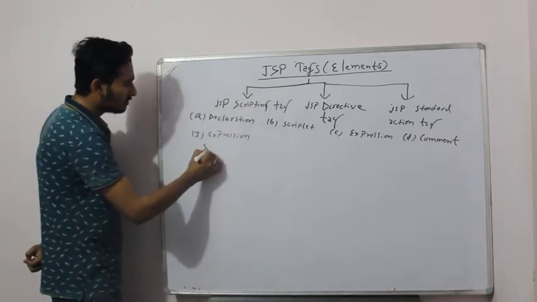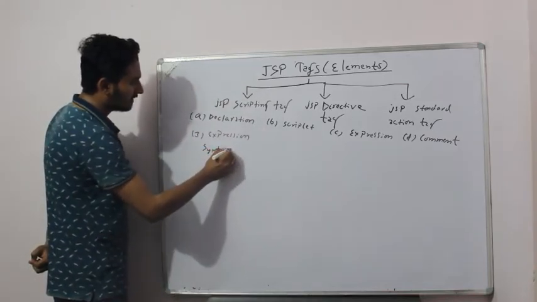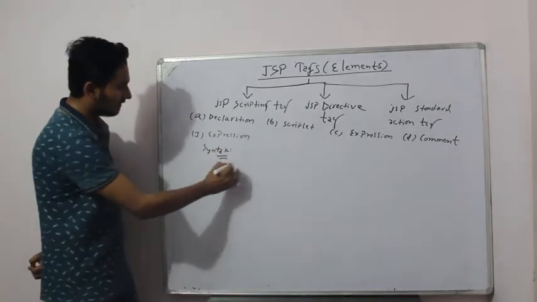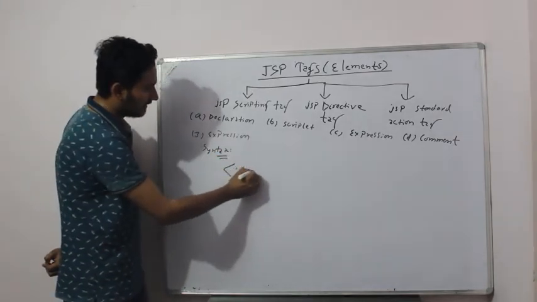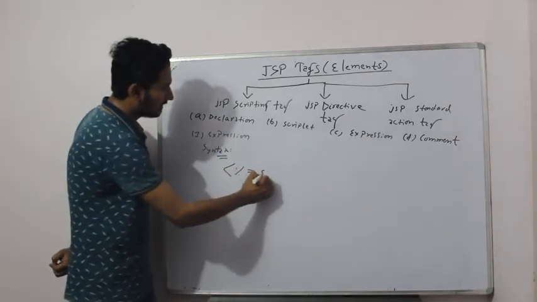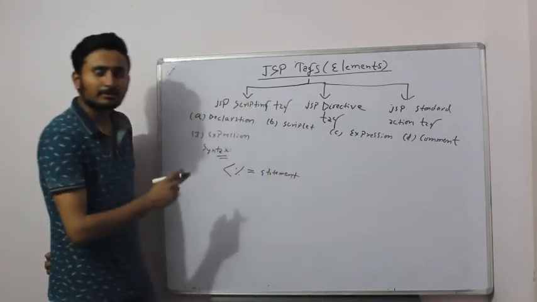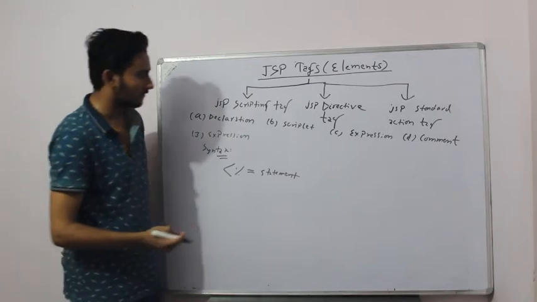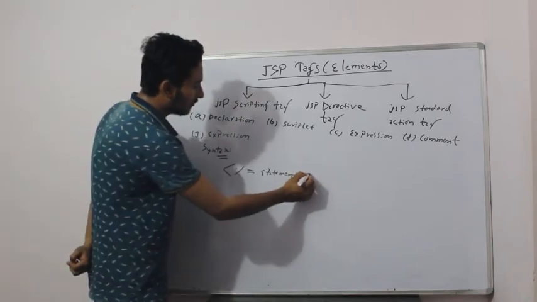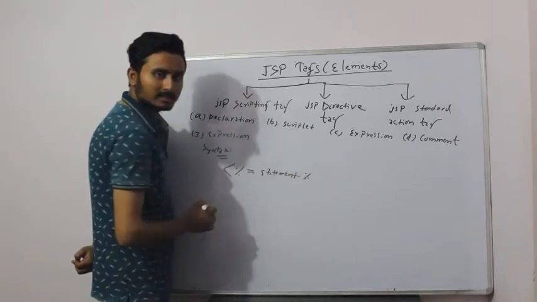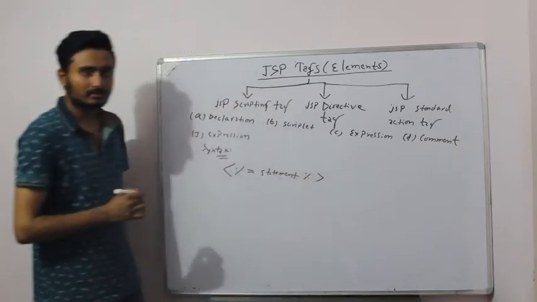If we look at the syntax, it will be percentage equals to, and here you need to write the statement, and this statement will be the Java code statement, obviously. And lastly, again percentage, and we close the angular bracket.